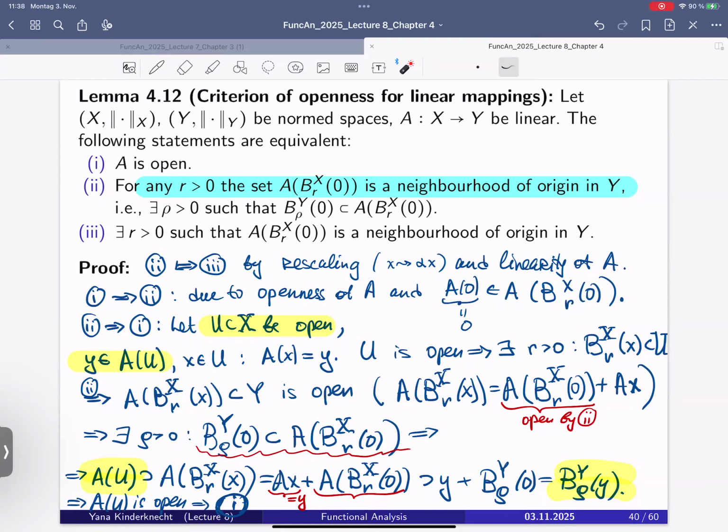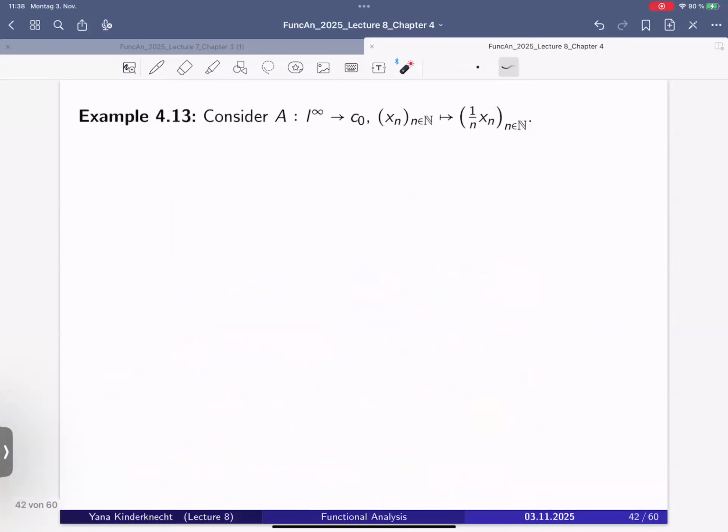Okay, may I go further? Let us at least see what was supposed to come next. Some examples. Actually our time is already over, so do we want some examples or should I stop right now?